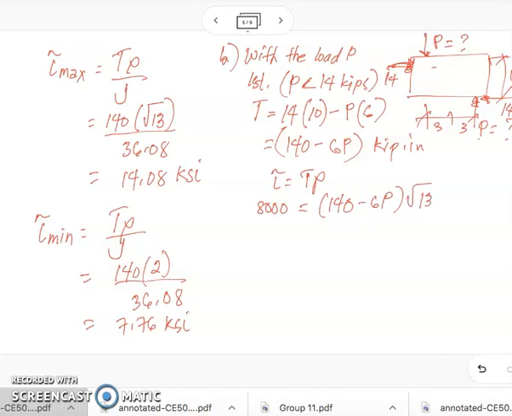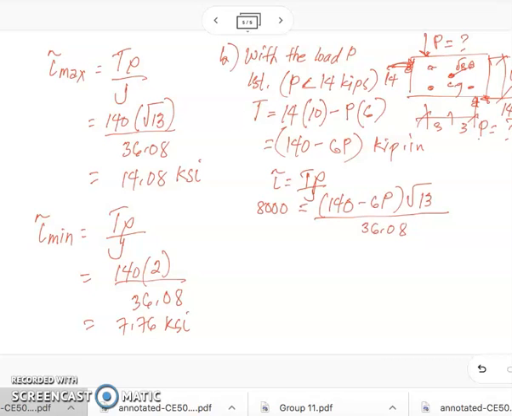We are going to make use of the 4 bolts that have a greater value, which will create a maximum shearing stress. Their distance from the center of gravity, as computed, is the square root of 13. So rho is the square root of 13 over J, and J, computed a while ago, is 36.08.